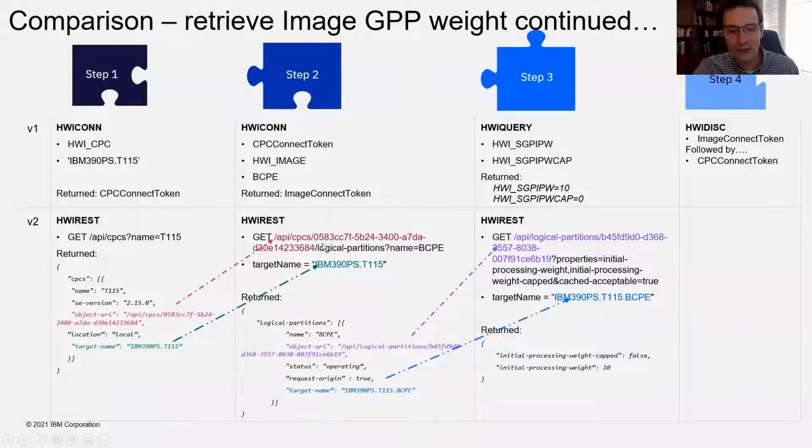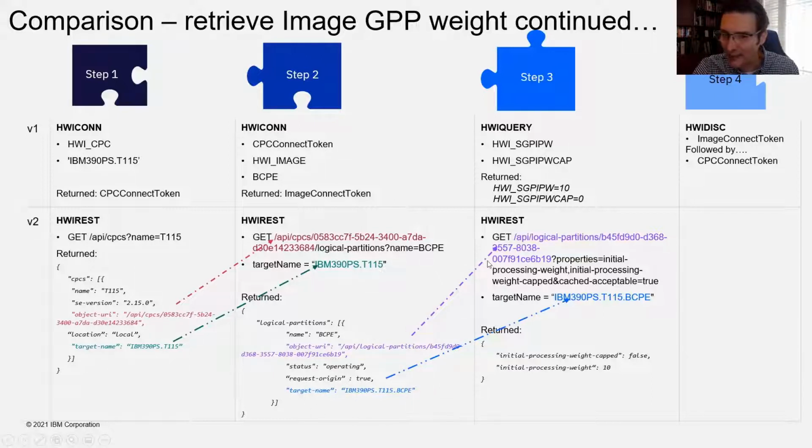And in this case, using the data model and the information defined in the HMC Web Services API, I find out that I can narrow my search down and ask for a logical partition of a particular name and get back its URI and target name by specifying this particular URI. So again, I'm going to be specifying an object URI that has this particular entity here, and I'm going to get back the object URI for the actual image on that CPC, and also the target name.